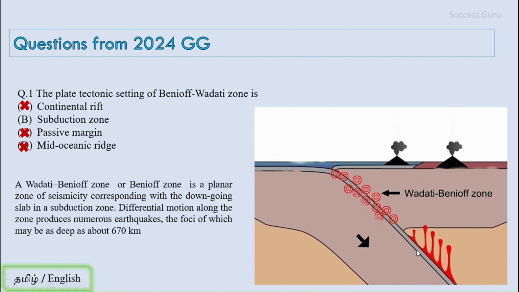This is the plane where you can expect a number of earthquakes even up to a depth of 670 kilometers. So this is the Benioff zone where numerous earthquakes originate, and it is present in a convergent boundary, especially in a subduction zone. So option B is the right answer. Is that clear? Okay.